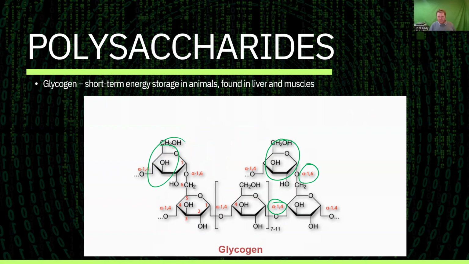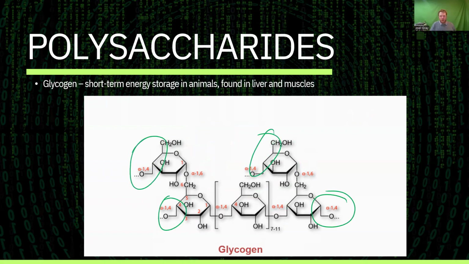Now, one of the things that's worth noting about glycogen is we've got one reducing end, and then these ends over here and here and here are known as non-reducing ends. So they're kind of the opposite of your reducing ends. So a single glycogen molecule is going to have one reducing end. Could everyone give me a Y in the chat if they follow that?